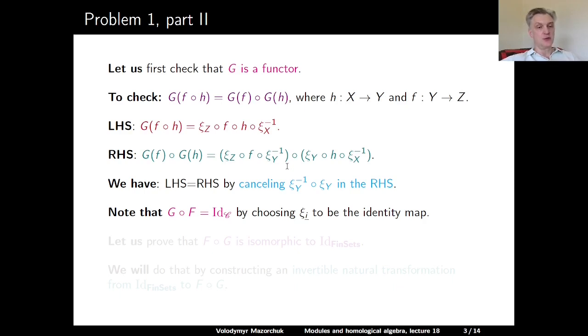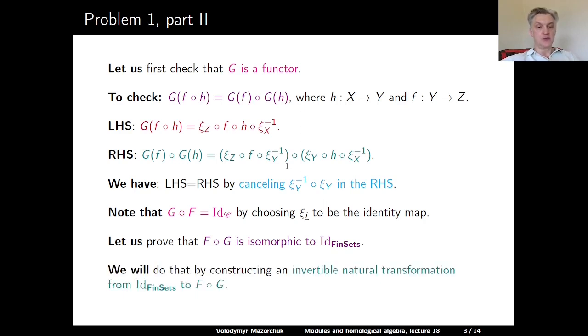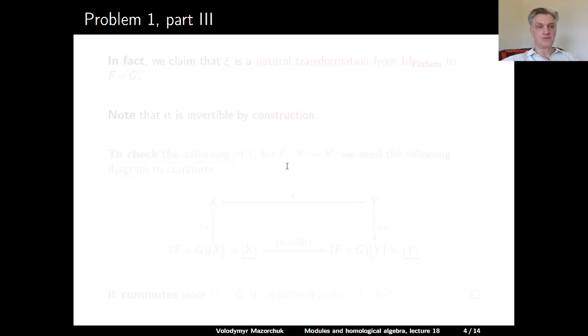So in order to prove that G and F are mutually quasi-inverse equivalences of categories, we need to prove that F after G is isomorphic to the identity functor on the category of finite sets. And in order to prove that, we will construct an invertible natural transformation from the identity functor on the category of finite sets to the composition of F after G.